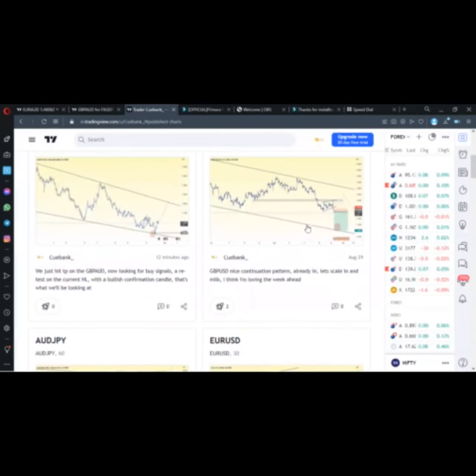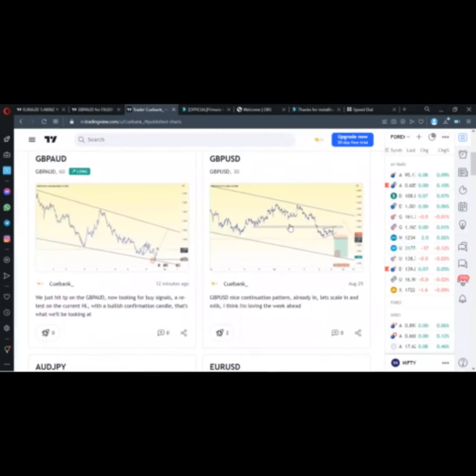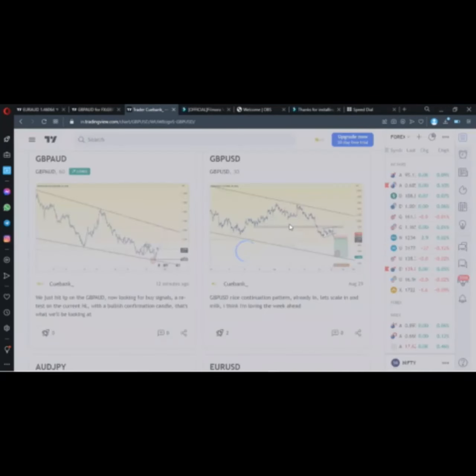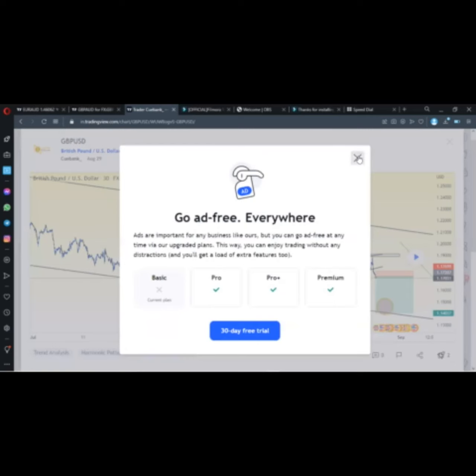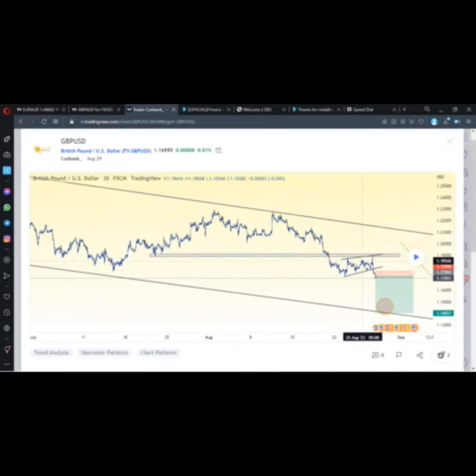And then what else? The GBP USD, still the same thing. Impulsed, corrected to this resistance right here. Broke support, corrected, made the support your resistance, and then broke below structure, and then this is how it performed.